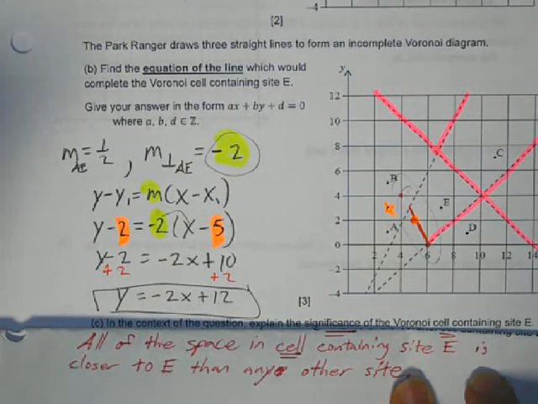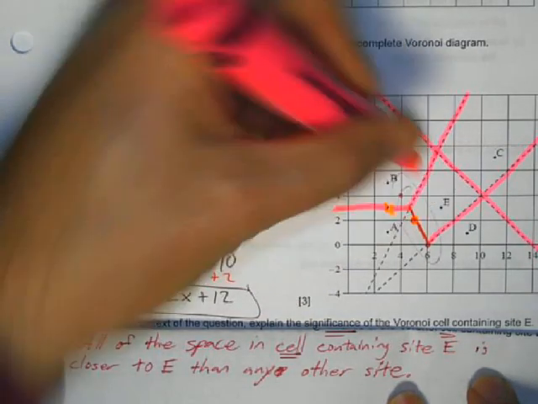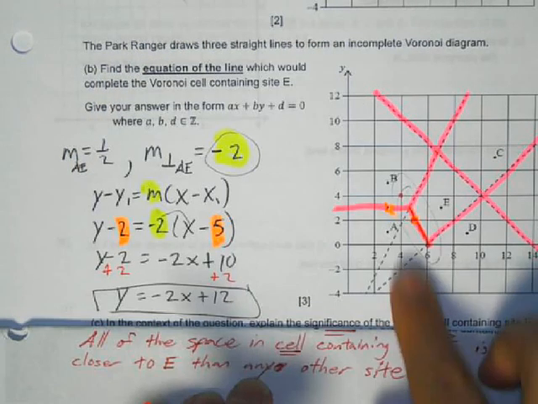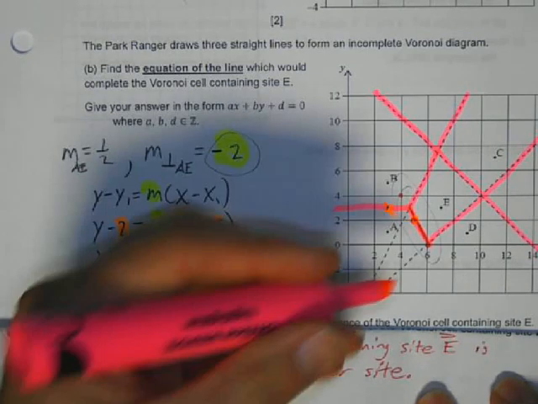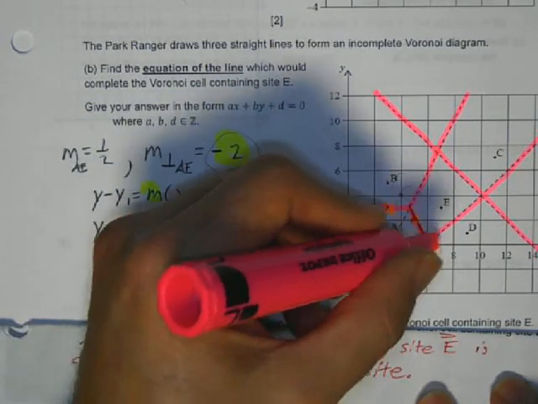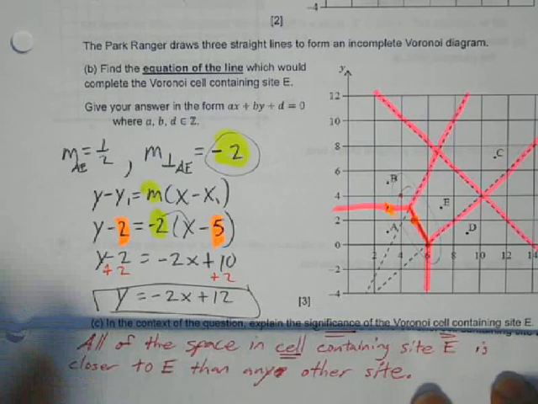So that horizontal line is going to go this way. And as you can see, they meet there, and then here, this is going to go down like that. Right? Okay, let's go on to the next question.